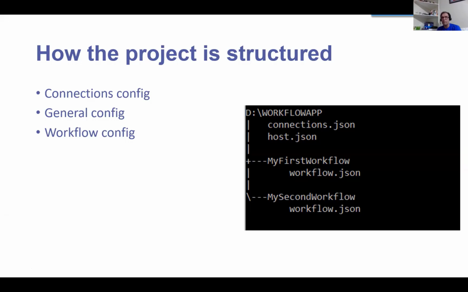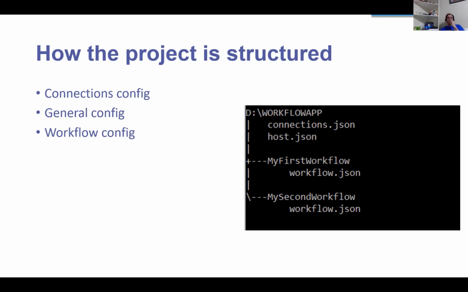You have a hosts.json that identifies the generic settings for the workflow app, which is similar to the settings for the function app before.